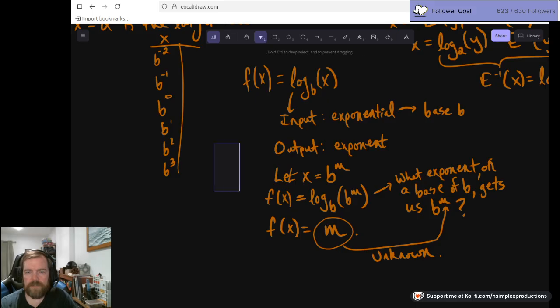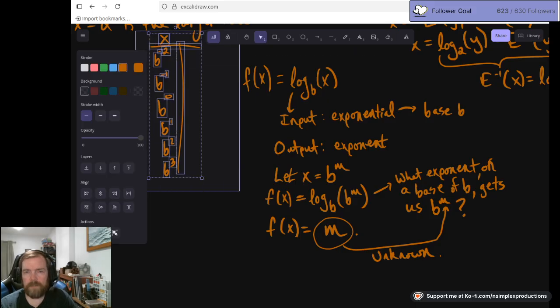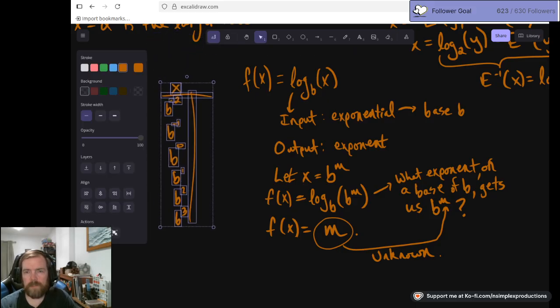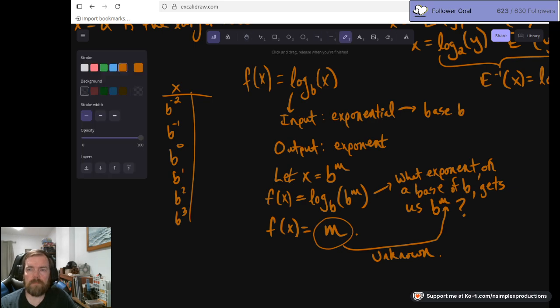The nice x values that we can get. And then our f of x values are going to come back very nicely as negative 2, negative 1, 0, 1, 2, 3. Right? That's our goal. If we can find that, that's awesome. That also means that we can graph this super nicely.